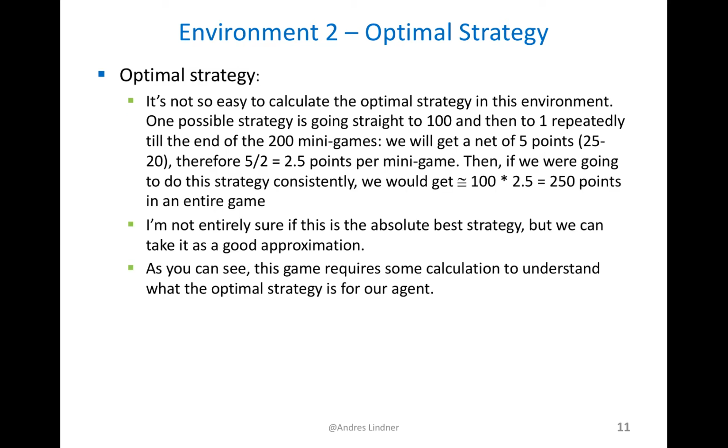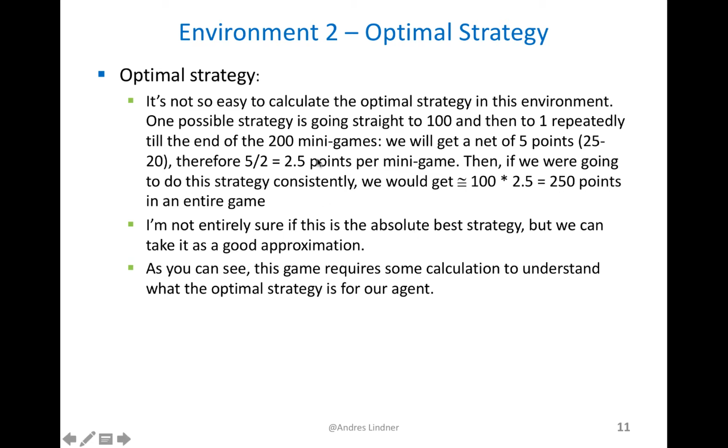And then the optimal strategy, I have to say again, it's not so easy for me to calculate. We can think about it and try to see what exactly would be the total best strategy here. But just to make things easy, I would say a fairly good strategy would be to choose 100 and then 1 and then 100 and so on, and we will be getting 250 points in an entire game.